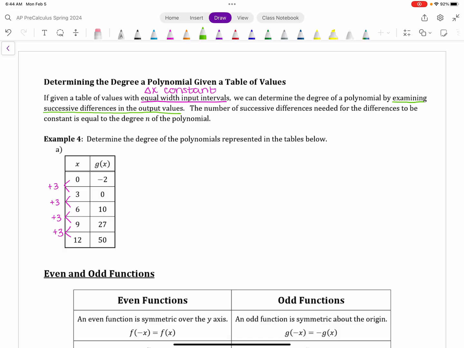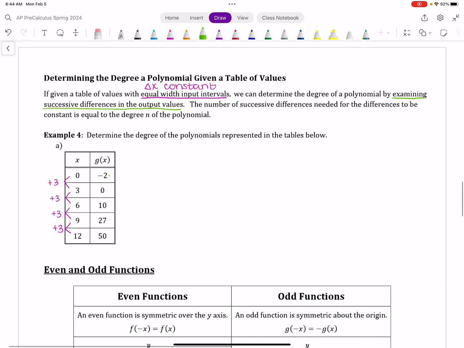And the number of successive differences we need to look at in order for those differences to be constant tells us the degree of the polynomial. So if we look at g of x, our first difference, we're adding 2, and then 10, then 17, and then 23.